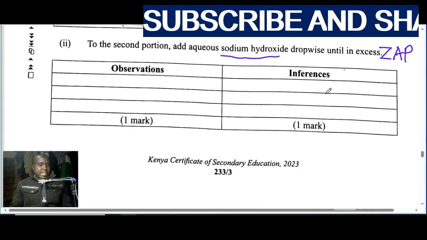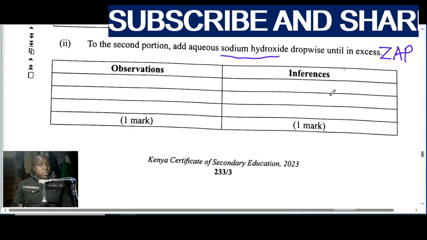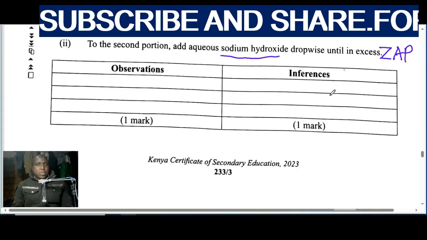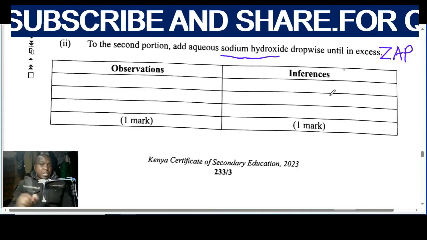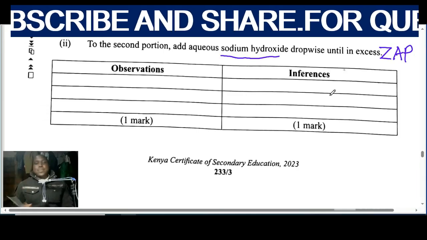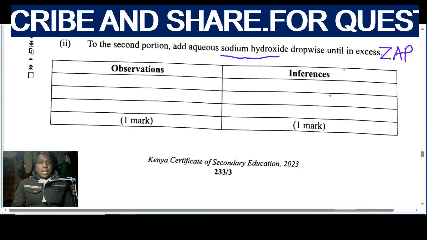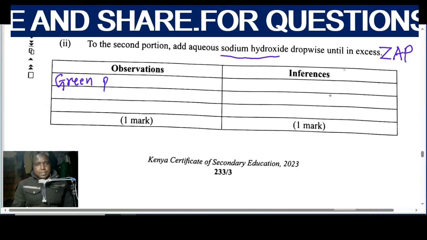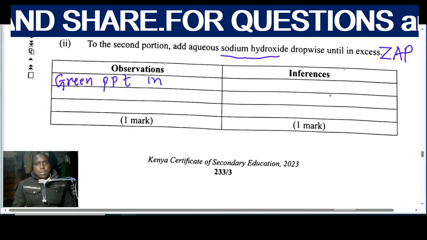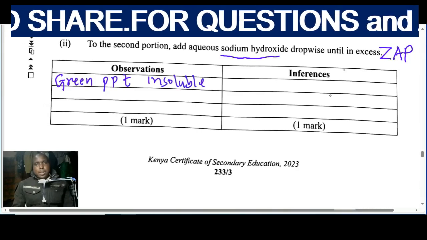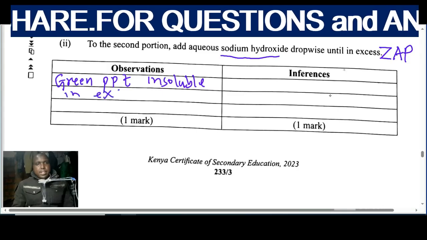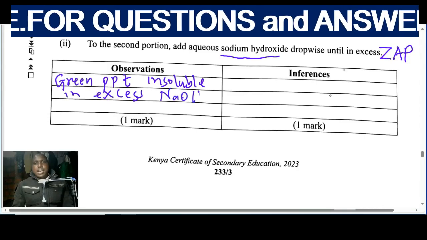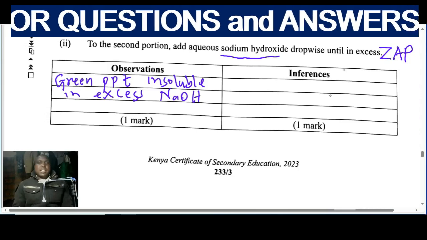But if you see a different color, not a white precipitate, like a green precipitate. For this one, it was green. So using the same reagent, sodium hydroxide, in this case it requires a green precipitate insoluble in excess sodium hydroxide.